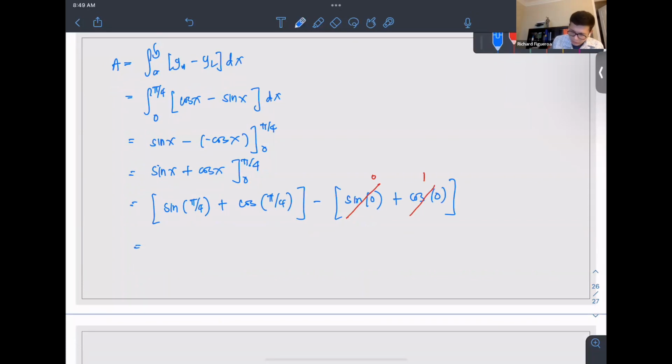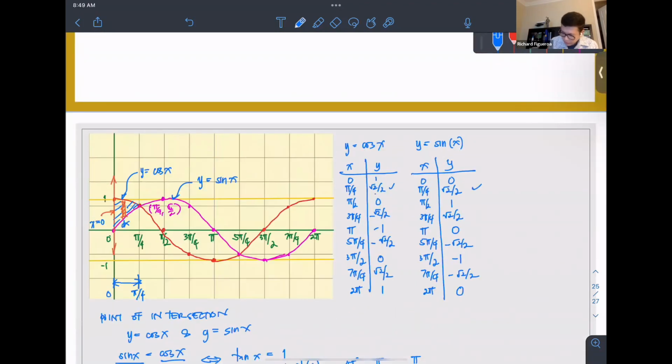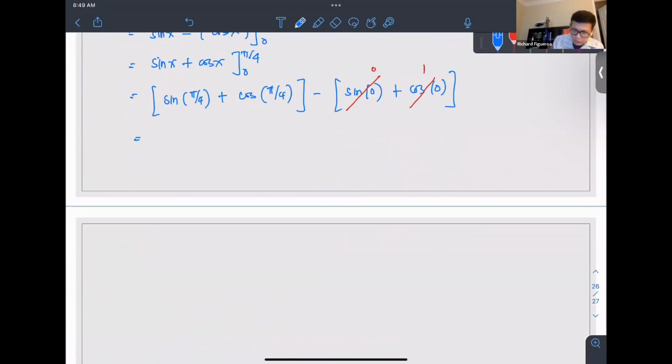Sine pi over 4 is square root of 2 over 2, which is the same whether that's cosine or sine. So square root of 2 over 2 plus square root of 2 over 2, then minus 1. That is the same as 1 half plus 1 half, which is 1, then multiplied with square root of 2, minus 1. And that will be the area then.